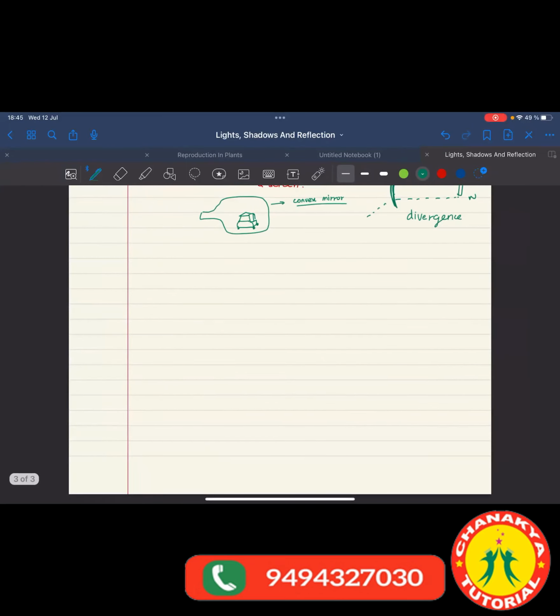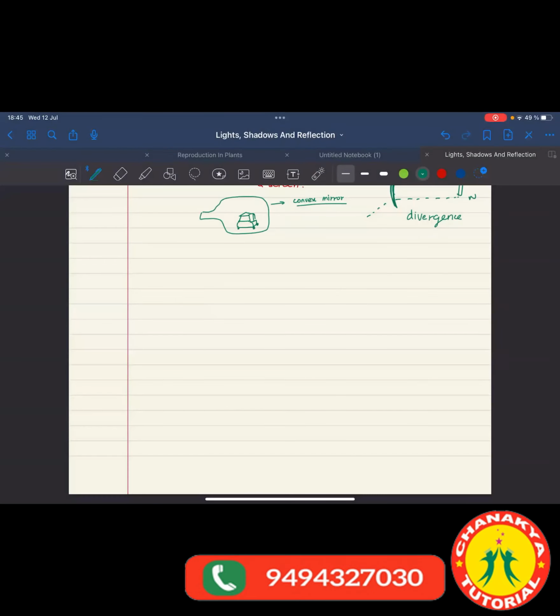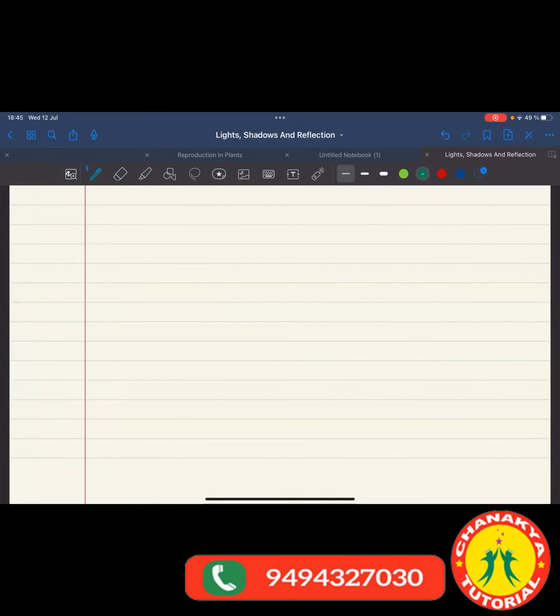Okay. So there are mirrors. I'll come to the types of mirrors later on. Apart from concave and convex mirrors, there is the normal mirror that you use for seeing your face and everything. That's called a plane mirror.